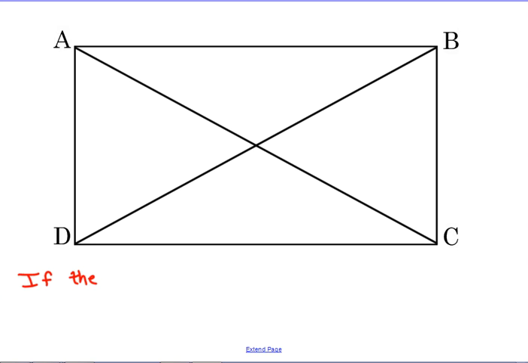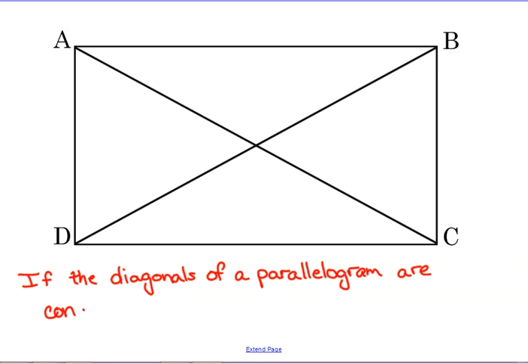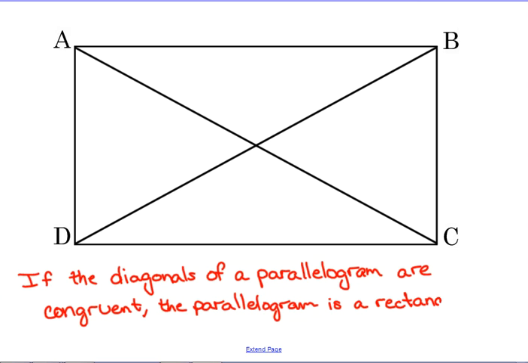So if the diagonals of a parallelogram are congruent, the parallelogram is a rectangle. That's obviously not true about the diagram on the front side.